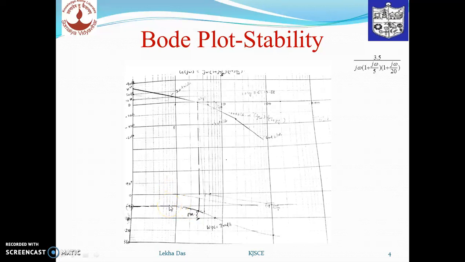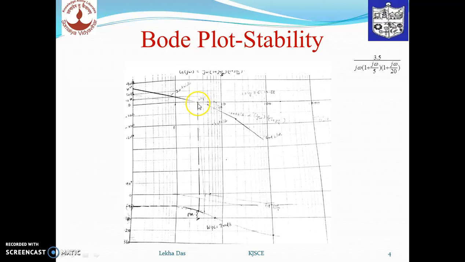Now what we have to do is get the gain crossover frequency and phase crossover frequency. The gain crossover frequency, by definition, is the frequency at which the magnitude curve crosses 0 decibel.